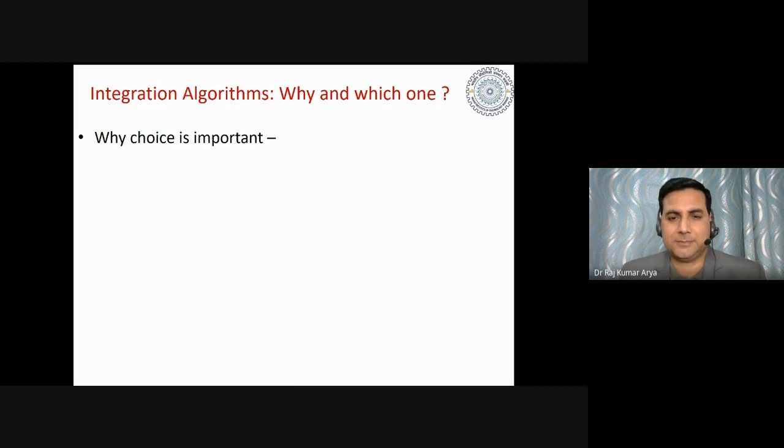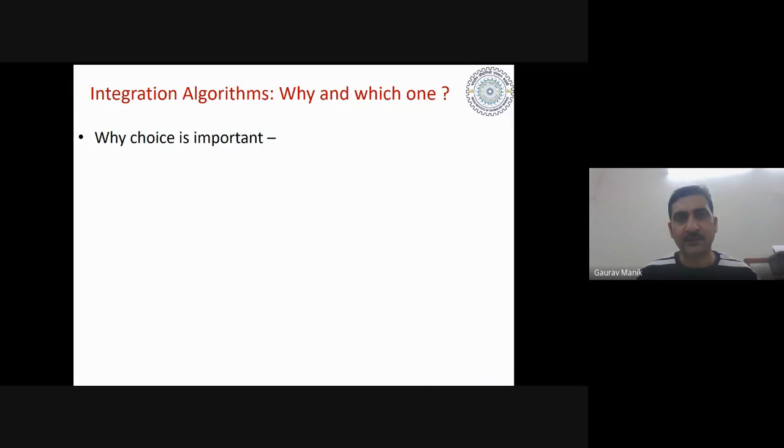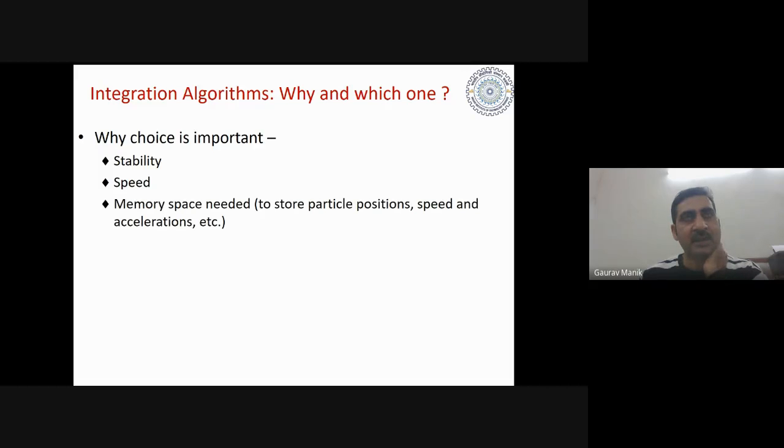Next, I'm going to quickly touch upon integration algorithms, why and which one. These integration algorithms will depend upon several things. Like I was trying to describe, we may have to calculate the second order and third order derivatives. So you have to make a compromise between different things.